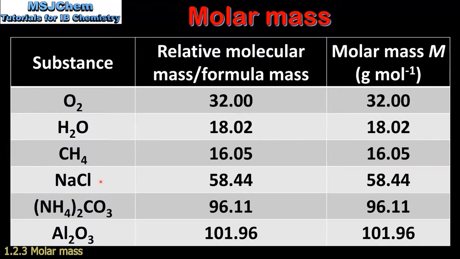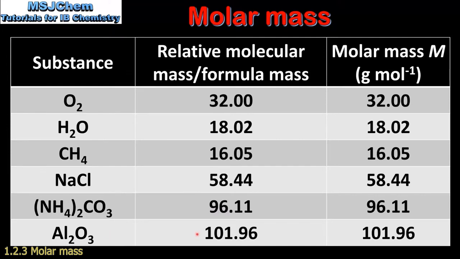Next, we have sodium chloride. The relative formula mass of sodium chloride is 58.44. The molar mass of sodium chloride is 58.44 grams per mole. Next is ammonium carbonate. Its relative formula mass is 96.11, and its molar mass is 96.11 grams per mole. And finally, we have aluminium oxide.